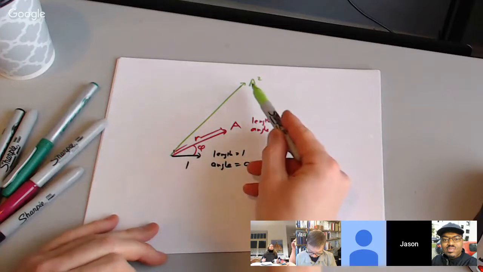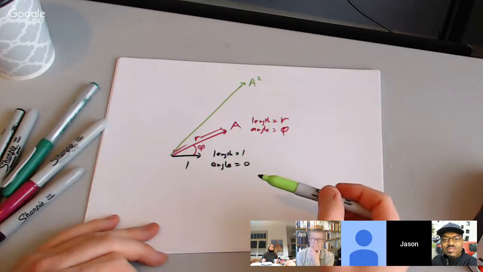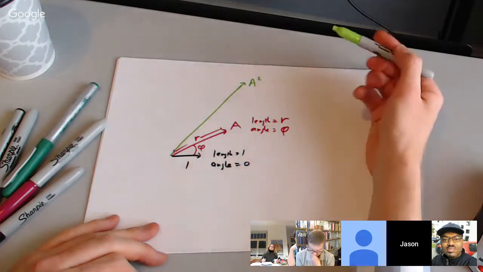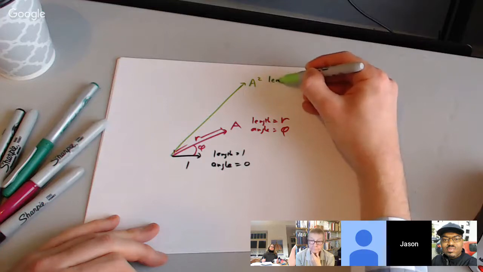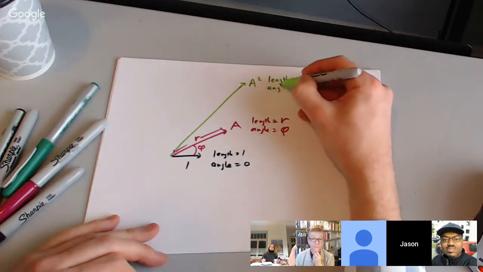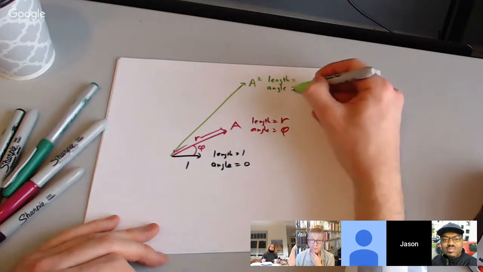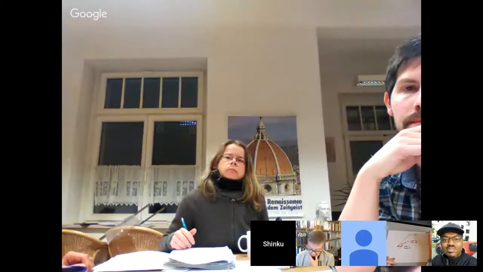When we square a number, that means 1 is to a as a is to a squared. The length of a squared, what's the length of a squared? Well, I thought it was 2r plus r sine of 2 phi.